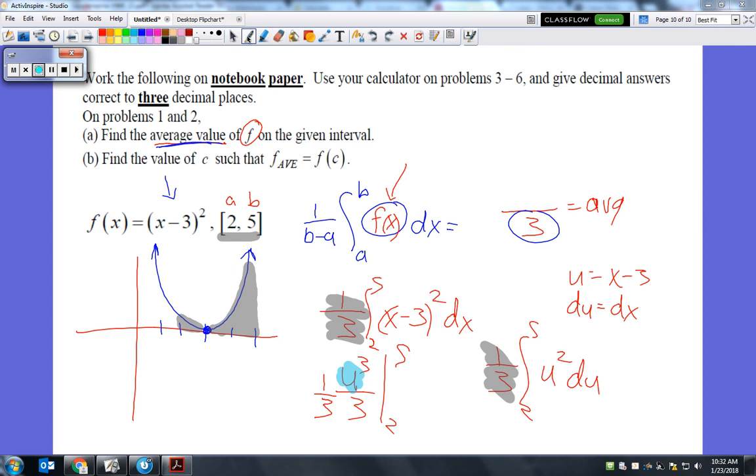I have x minus 3 cubed over 9 from 2 to 5. So that's 5 minus 3 is 2. Cubed is 8. That's 8 ninths. 2 minus 3 is negative 1. Cubed is still a negative 1. So it's going to be subtracting a negative, which is adding that. So my average value of the function is 1.